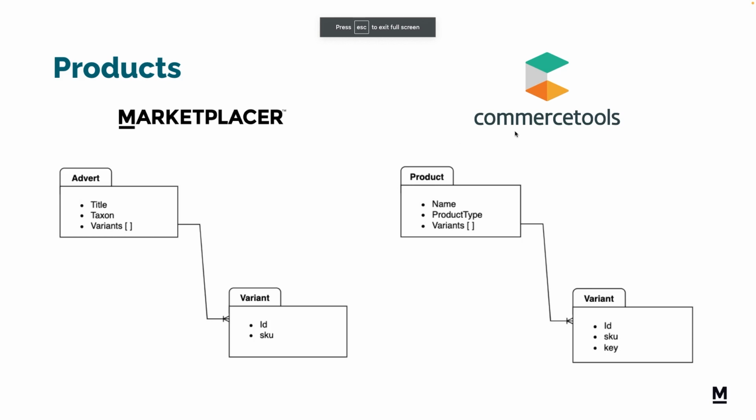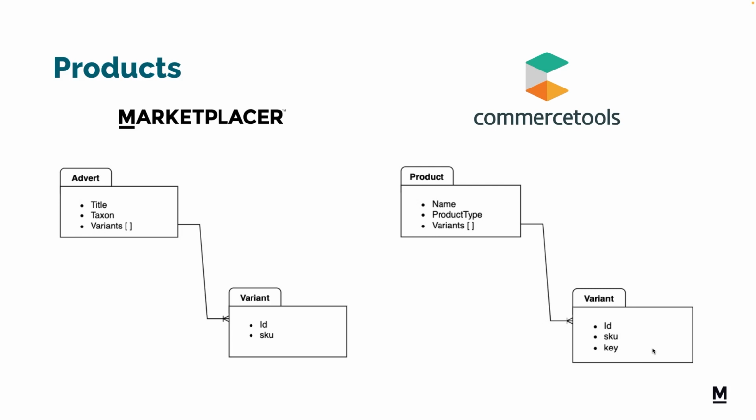Looking at the commercetools model, you'll have a product and you'll have multiple variants, or at least one variant. And again, like with Marketplacer, it's actually the variant that you purchase. So in a later section, we're going to take an existing product in commercetools, one that's purchasable, and add the Marketplacer variant to the key of one of its variants. We've not done that yet, but we will.